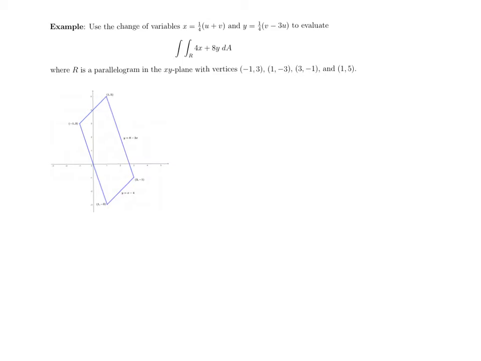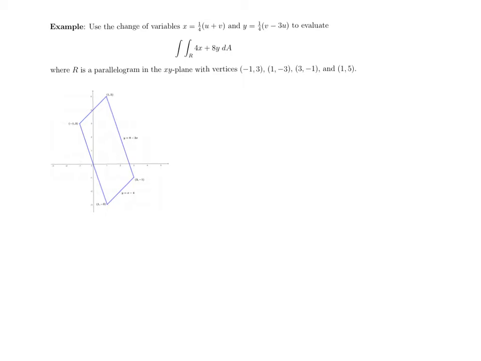So in this case we have the double integral over a region R, which is a parallelogram in the xy plane sketched to the left. And we will use the change of variables provided to evaluate this double integral.